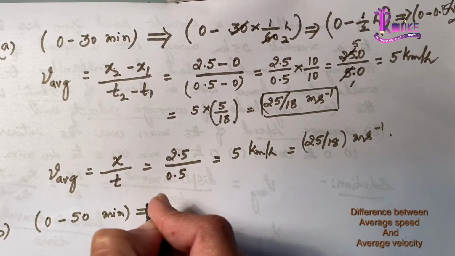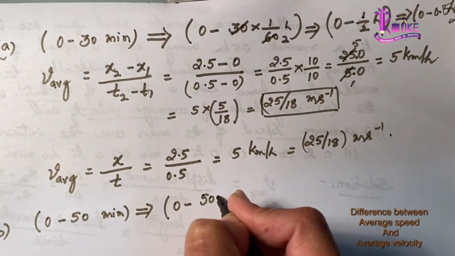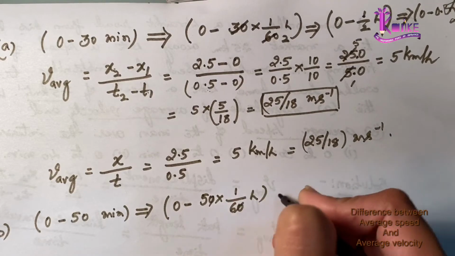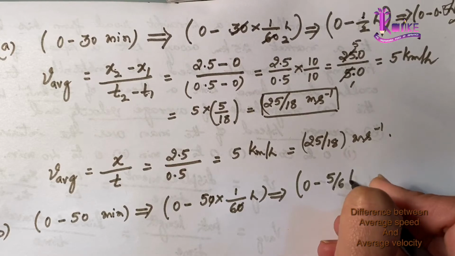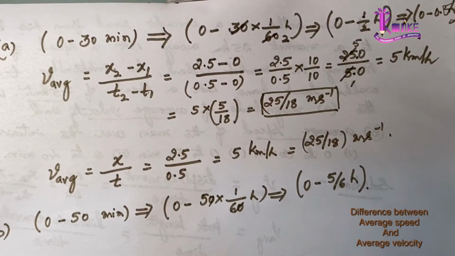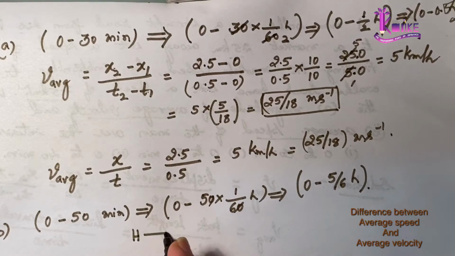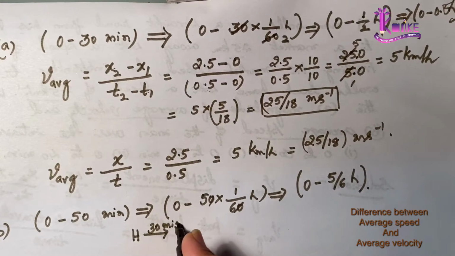Now let us do it for 0 to 50 minutes. Now what is 0 to 50 minutes? So 0 to 50 minutes, 50 into 1 minute is 1 by 60 hour. So this is nothing but 0 to 5 by 6 hour. Okay, so we can find this out, but we know he takes from home to market, he takes 30 minutes to travel.